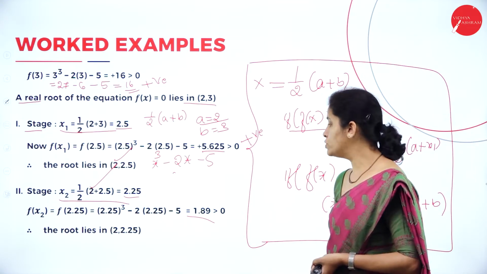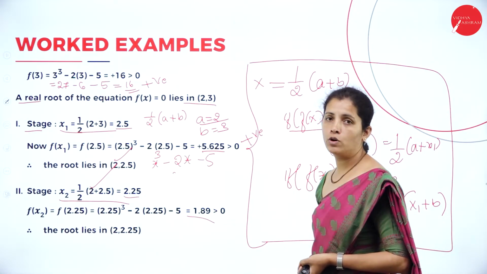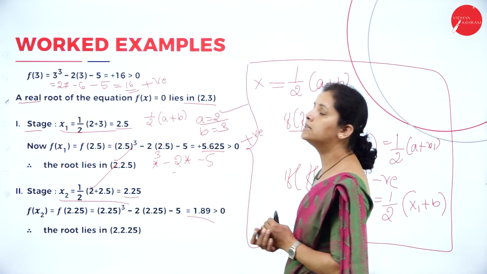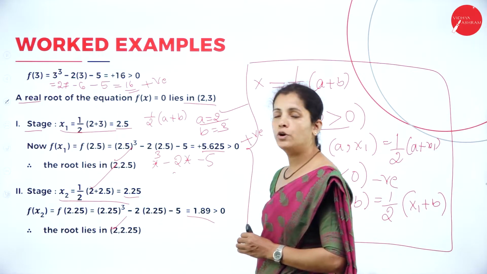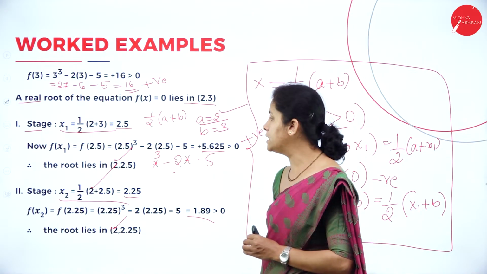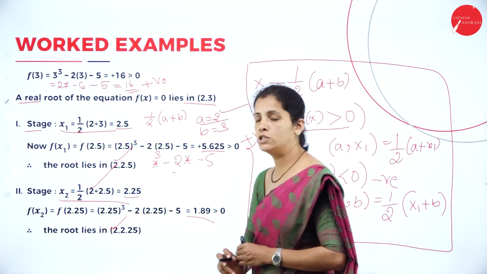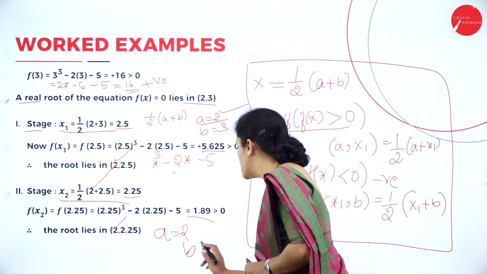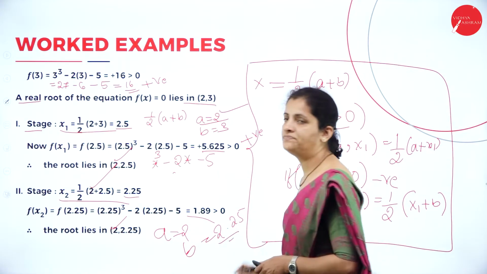If it is positive number, what is the modification I want to do? My A value. So what is A? It is 2. It remains as it is, and I'm going to change B with the X value. So what is X value here? It is X2. So A equal to 2 and B equal to 2.25.